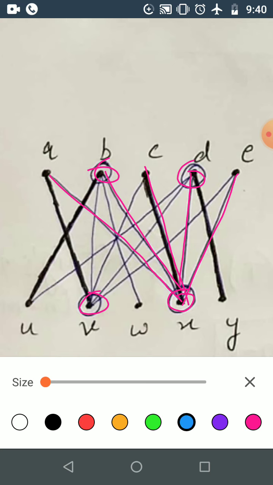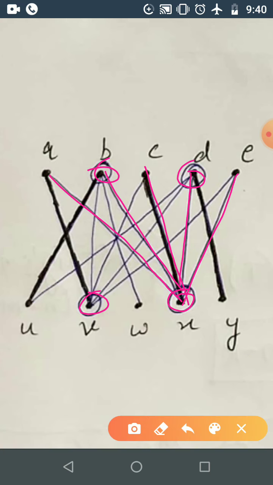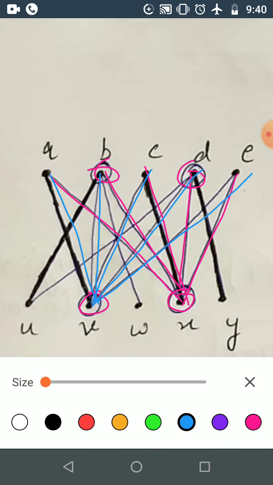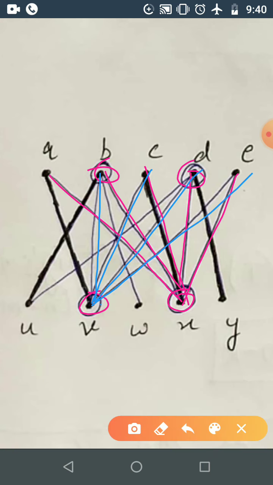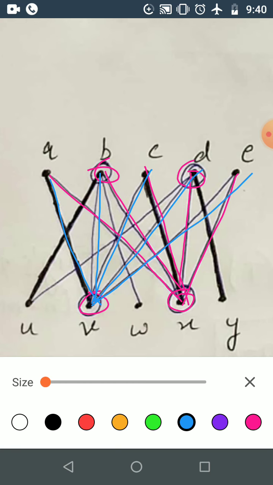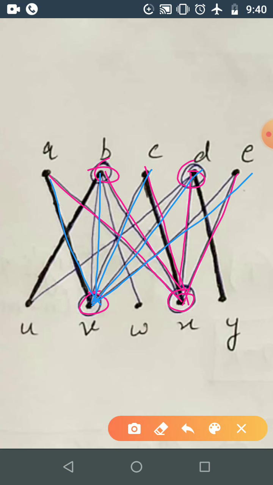So that is covered by X. And here V is covering VE, VD, VC, VB and VA. Okay. Now B is covering this one again, this one and this one already covered.